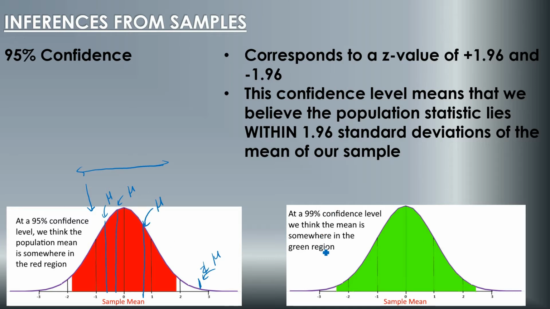So for a 99% confidence interval, notice the difference here. Here's negative 2 standard deviations, and here's positive 2 standard deviations over here. A 99% confidence interval extends this area on our curve even more and gives us a better chance. So yes, we do have a better chance to have the actual parameter in the interval.